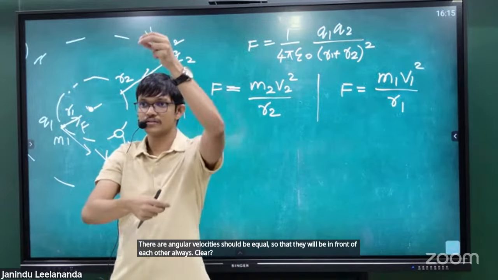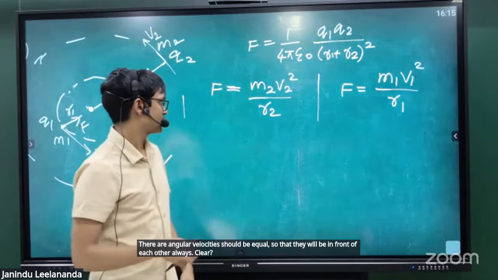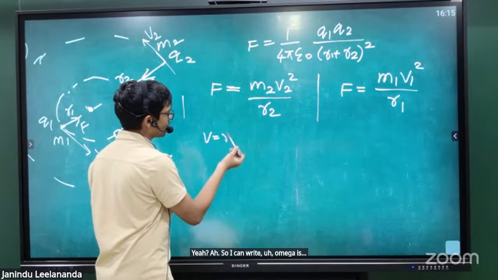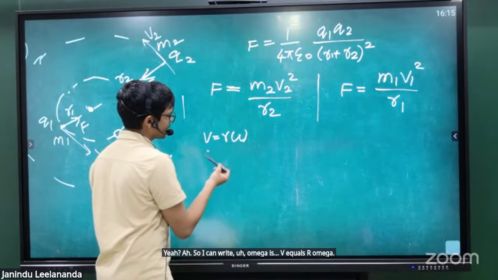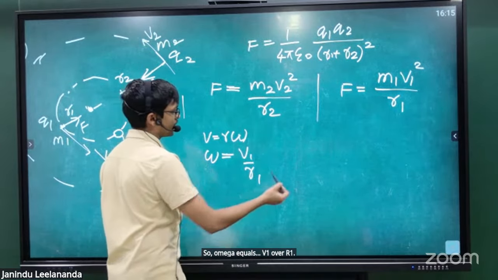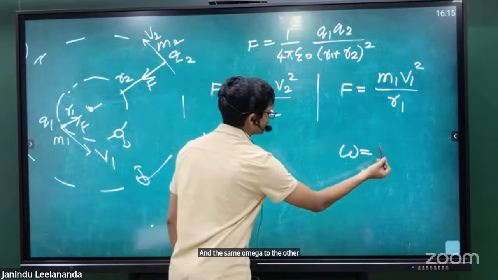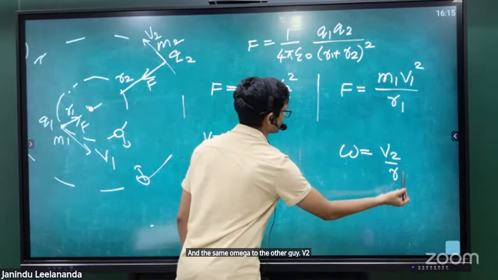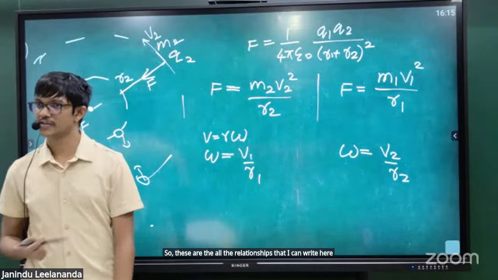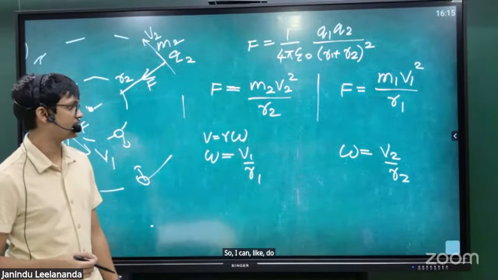Clear? So I can write V equals R omega. So omega equals V1 over R1, and the same omega for the other guy, V2 over R2. So these are all the relationships that I can write here. So I can do something and get the answer now, right?